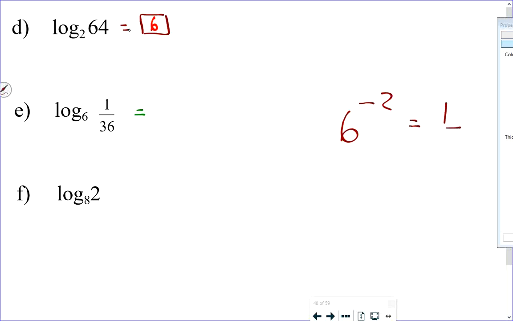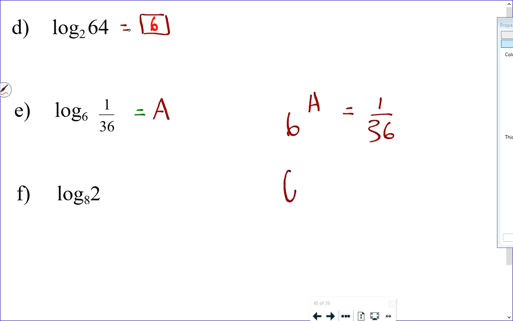This means 1 over 6 squared, which is 1 over 36. If you wanted to set this up using that kind of crutch, then you would write 6 raised to a equals 1 over 36, and then you would write everything with a common base. But that's basically what Will did, kind of by looking at it. Informally, he realized that the exponent must be -2. So this is equal to -2.